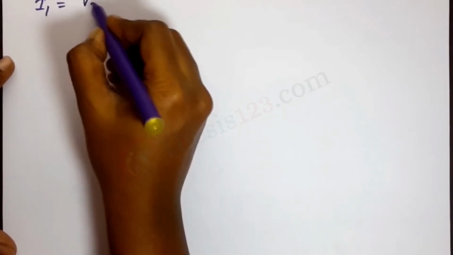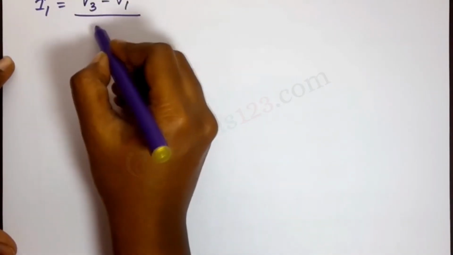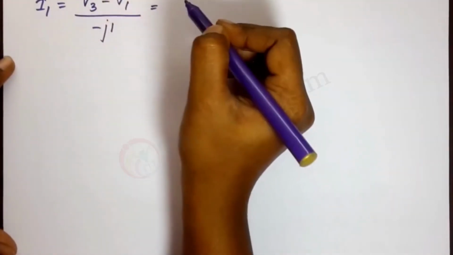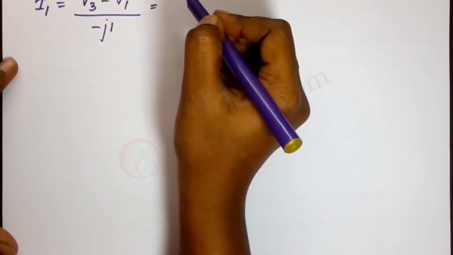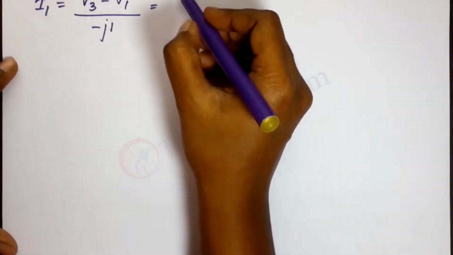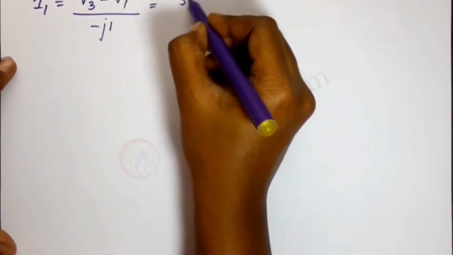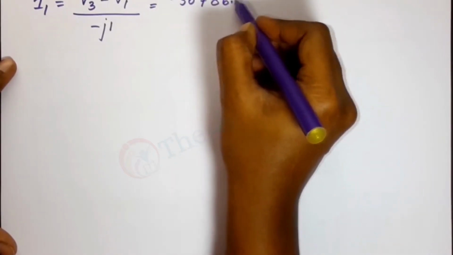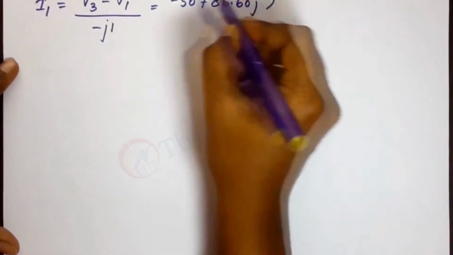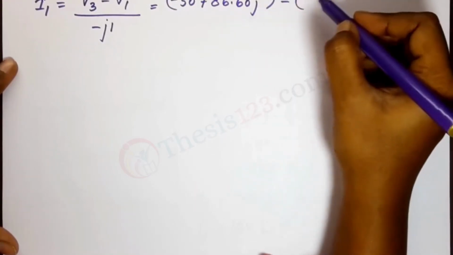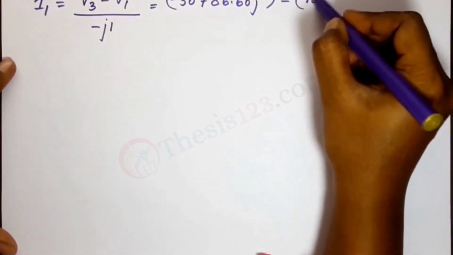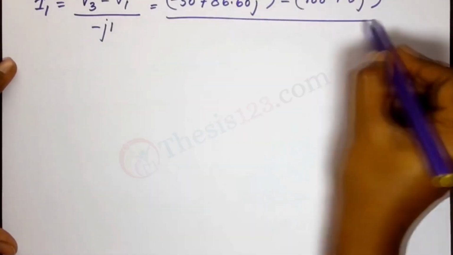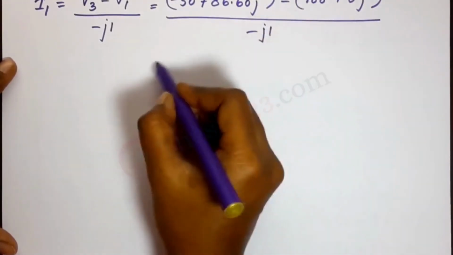So I1 is V3 minus V1 divided by minus J. So let's put down the values of V3 and V1 here. We found V3 to be minus 50 plus 86.60 J, that's V3, minus, what's V1? 100 plus 0 J, divided by minus J.